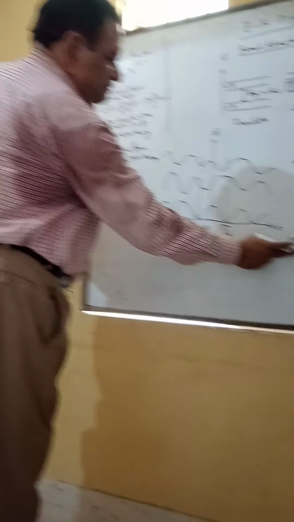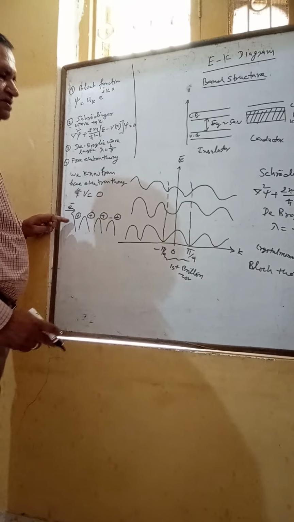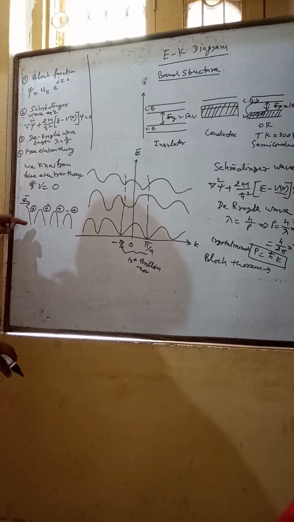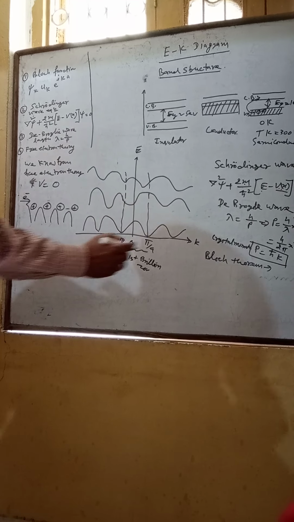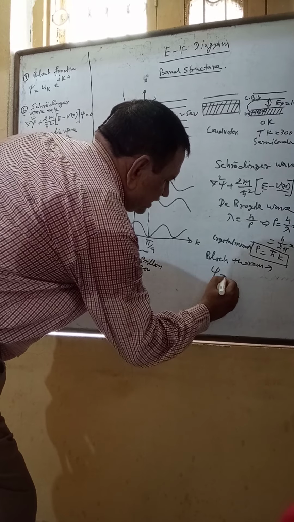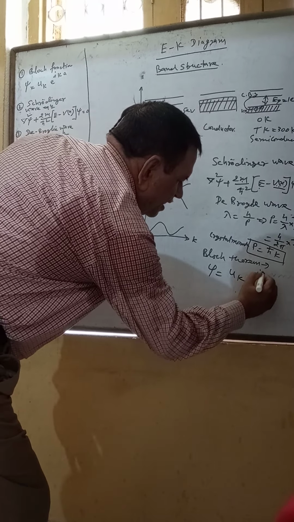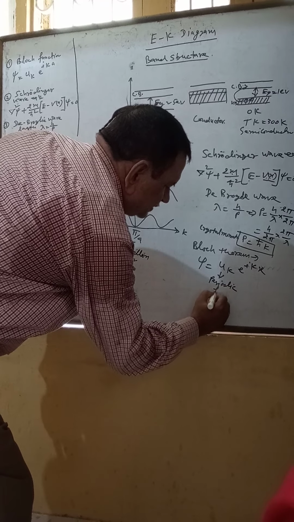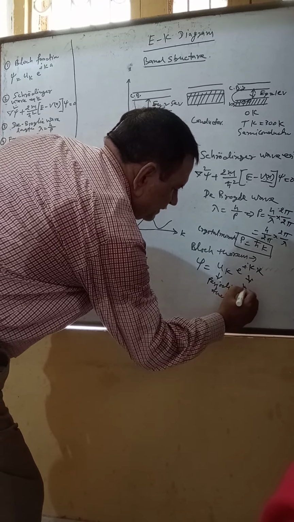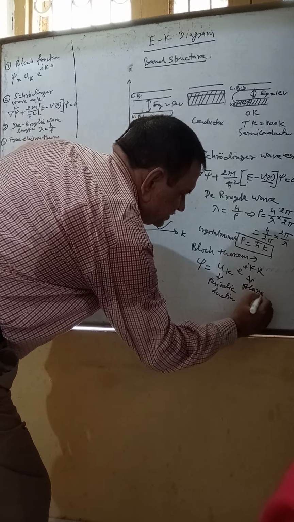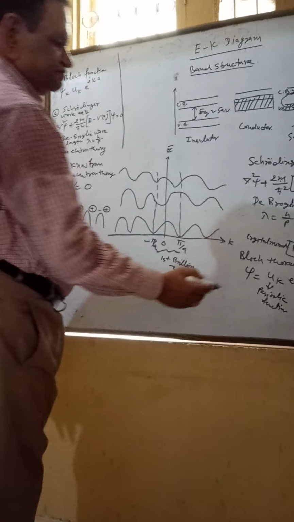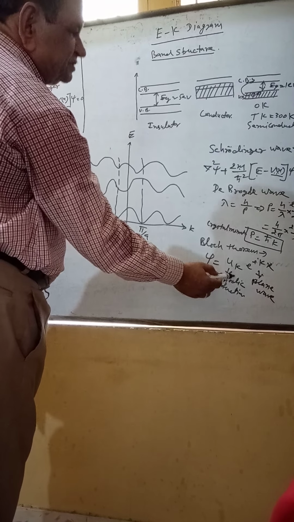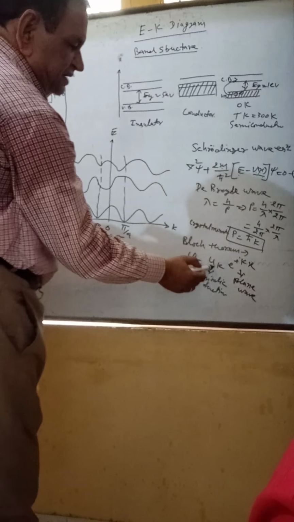According to the Bloch theorem, the potential is a periodic potential in a crystal, and this is given by psi is equal to uk e to the power ikx, where uk is a periodic function and this is your wave function, a plane wave. This represents a plane wave.